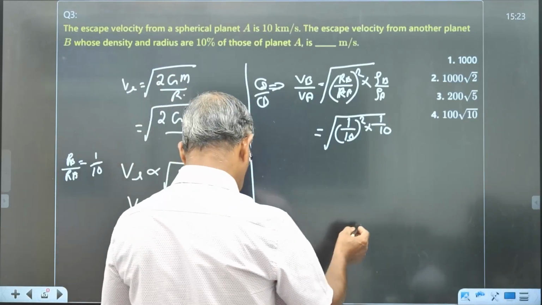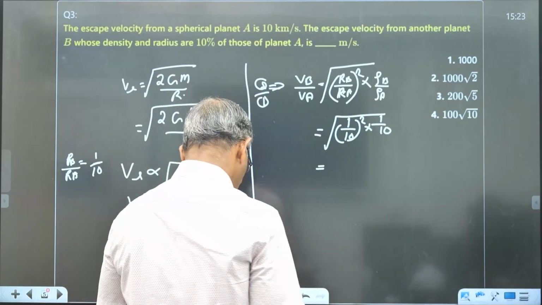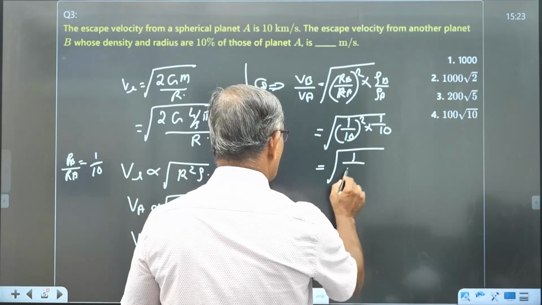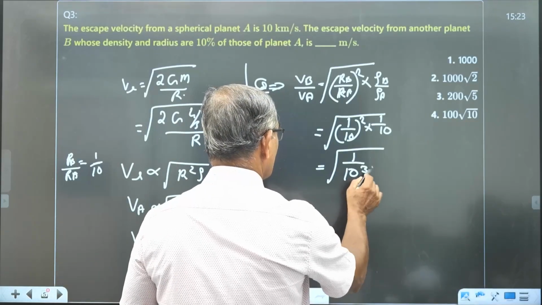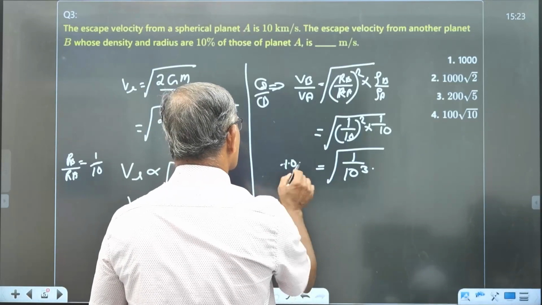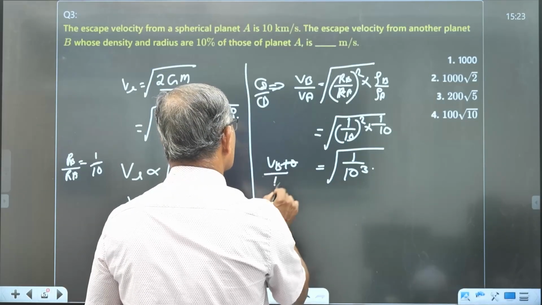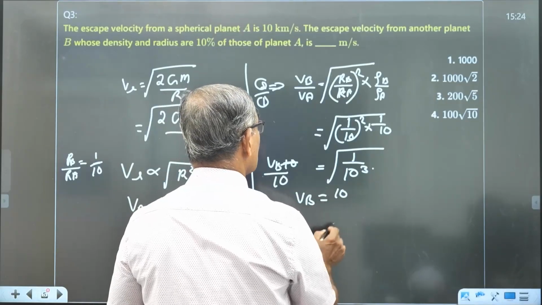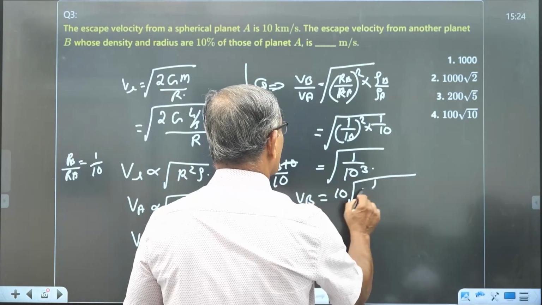This on calculation is root of 1 by 10 cubed. That is equal to, V_B by 10 is equal to this much. Therefore V_B is equal to 10 into root of 1 by 10 raised to 3.